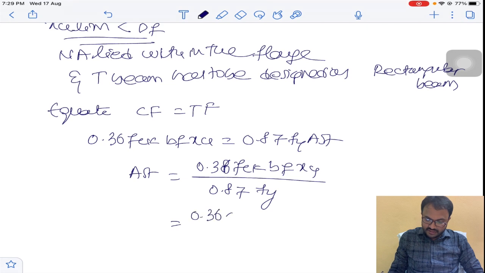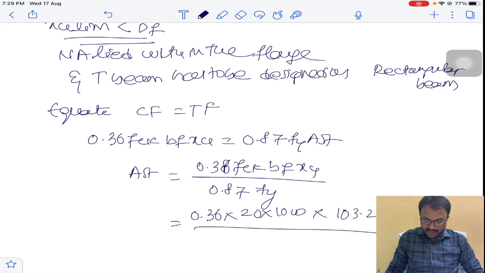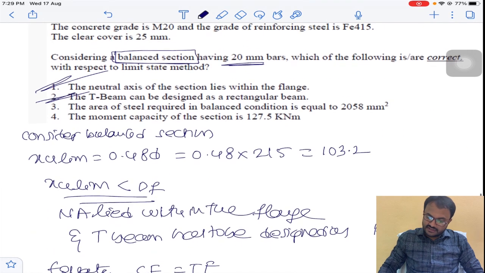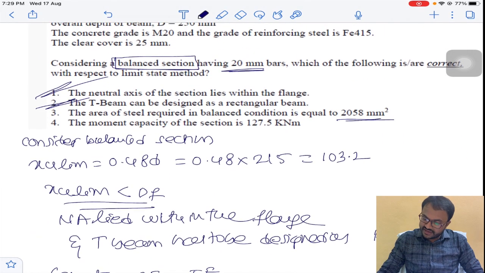So that is 0.36, FCK is 20, BF is 1000 and XU is 103.2. We calculated this, and 0.87 Fy is 415. So AST is equal to 2057.9 mm square. Clear? So 2057, 2058 approximately. This statement is also correct.